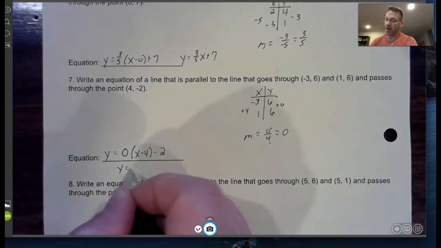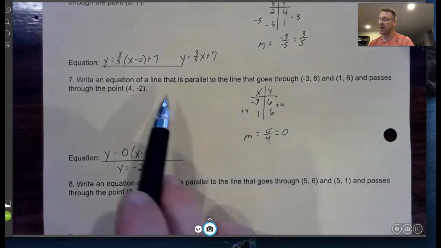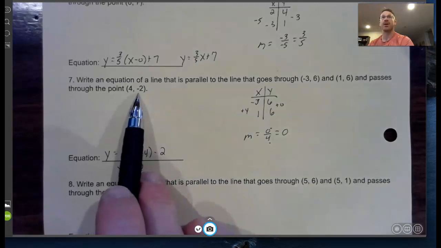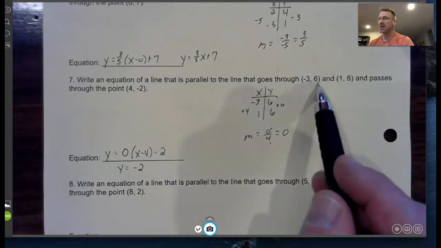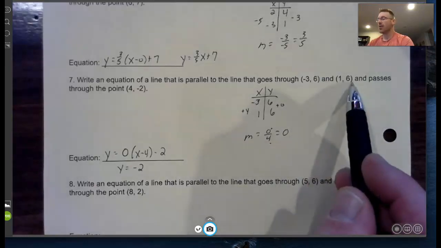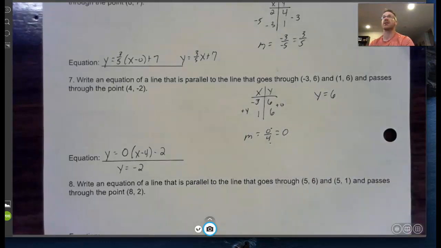So that just leaves me with y equals -2. So there's the equation of my horizontal line. Now, if I go back and look, there's -2 in my point, right? y equals -2. Now, look at these points. And can you see how the y's match? Well, if the y's match, that means the equation was y equals 6.